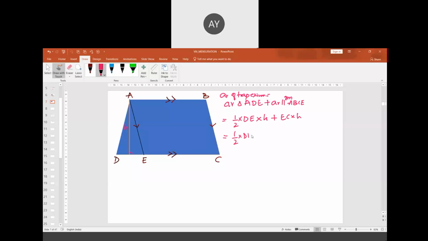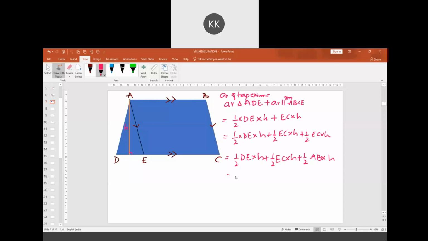We are going to write this as half EC into H plus half EC into H. Now instead of one of the EC, we can write AB. So half DE into H plus half EC into H plus half AB into H.